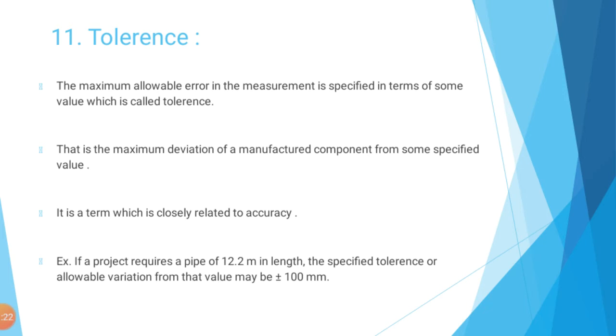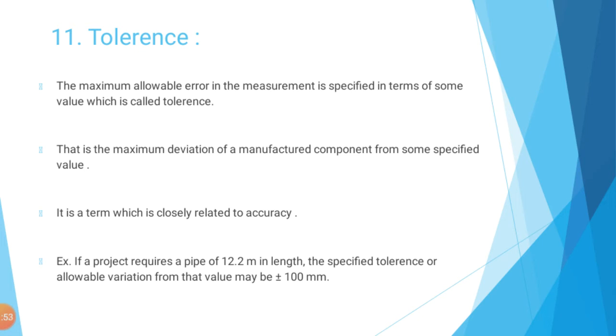Now the next characteristic is the tolerance. The maximum allowable error in the measurement, specified in terms of some value, is called tolerance. Suppose we consider the measurement of resistance. We know that on a resistor there is a silver or gold ring, and this indicates the maximum allowable error in that resistance measurement.